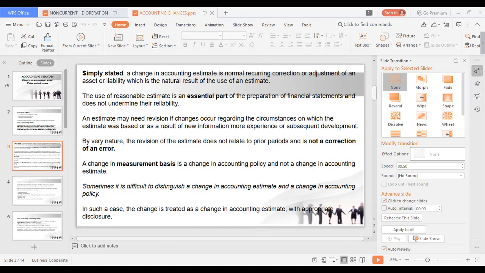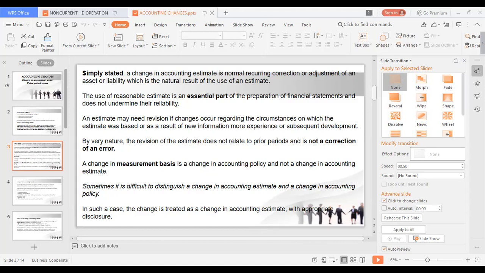So the cumulative effect of the change from percentage of completion method, I mean from cost recovery method to percentage of completion, is a difference of 6 million. So that's now your cumulative effect.